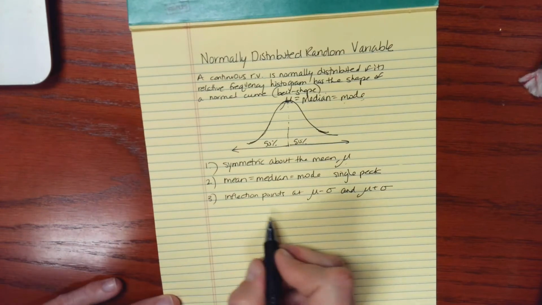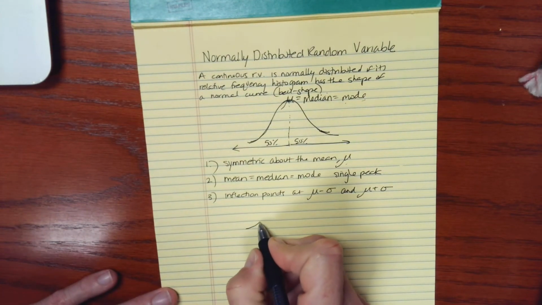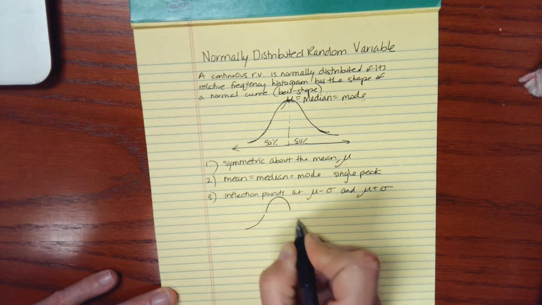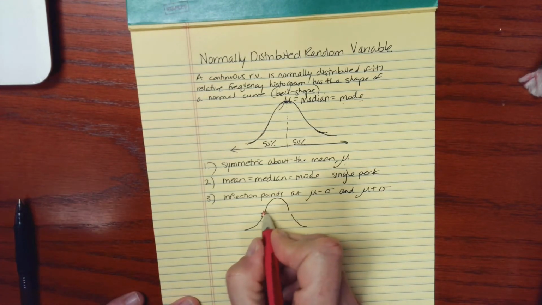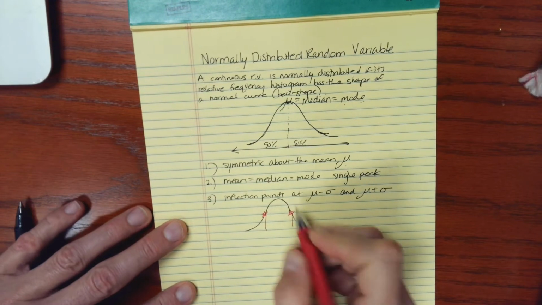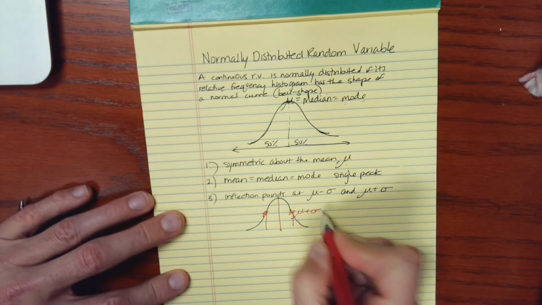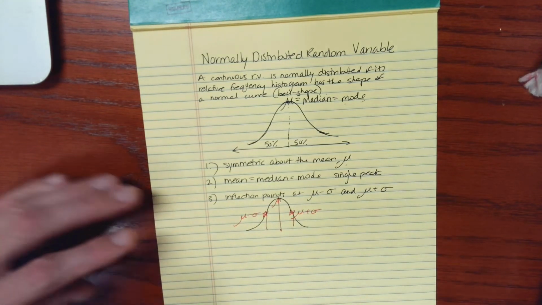Remember, an inflection point is where the curve changes from curving up to curving down. So there is an inflection point right here and right here, at the mean plus and minus a standard deviation, with the mean right in the middle.